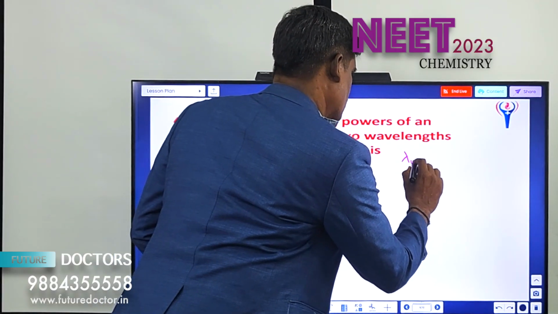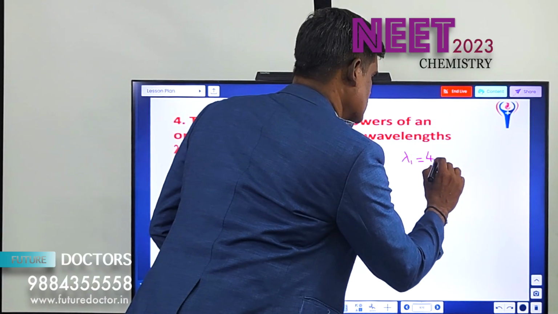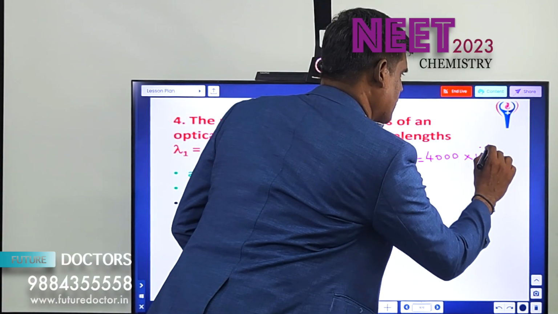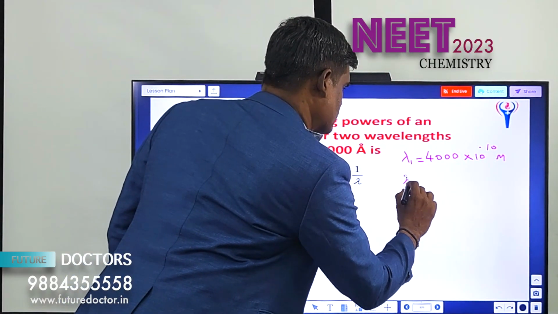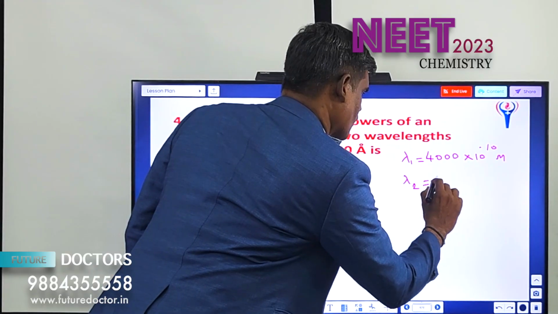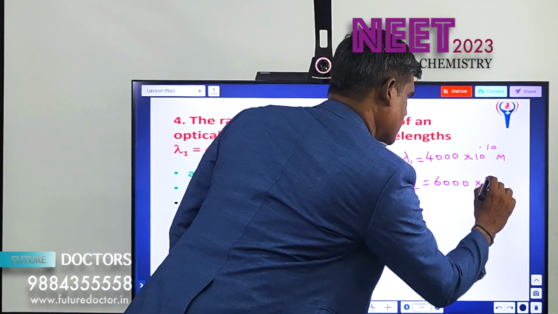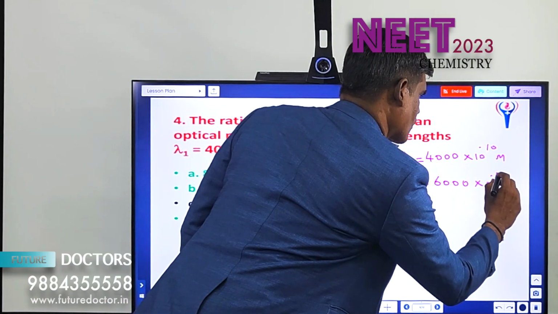Lambda 1 equal to 4000 Angstrom. 1 Angstrom equal to how much? 10 power minus 10 meter. And lambda 2 equal to 6000 Angstrom into 10 power minus 10 meter.